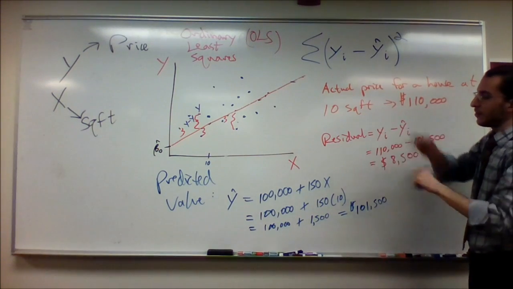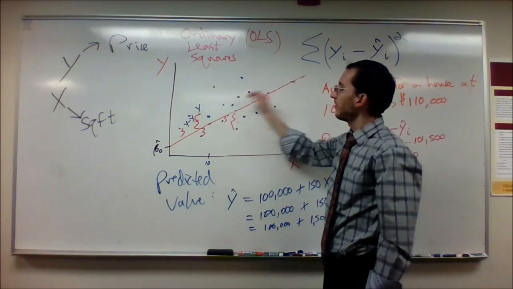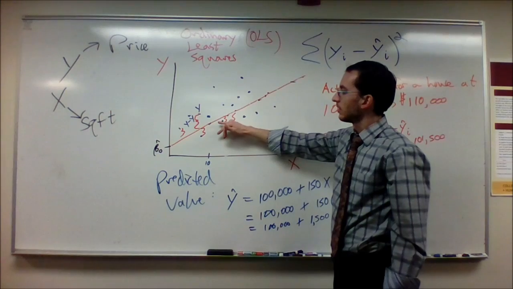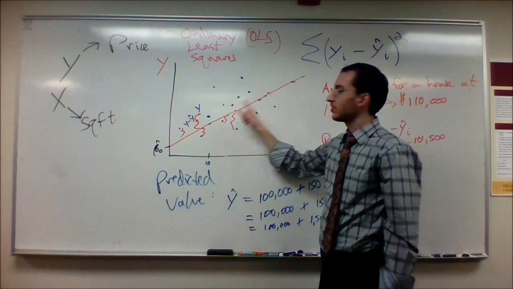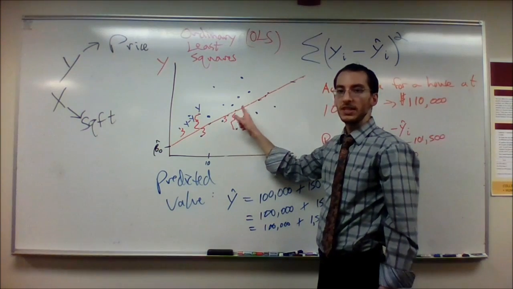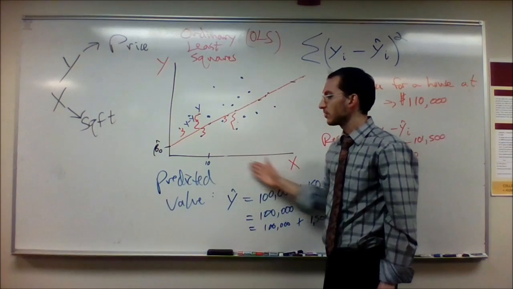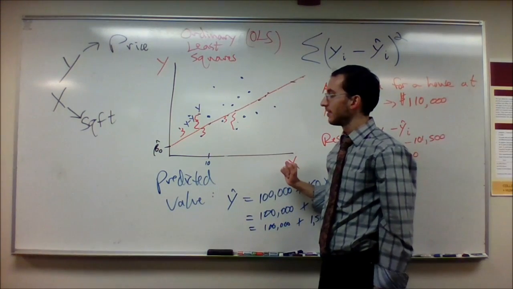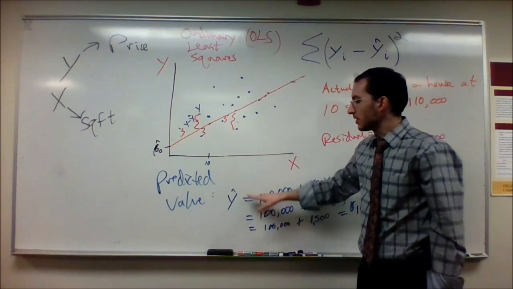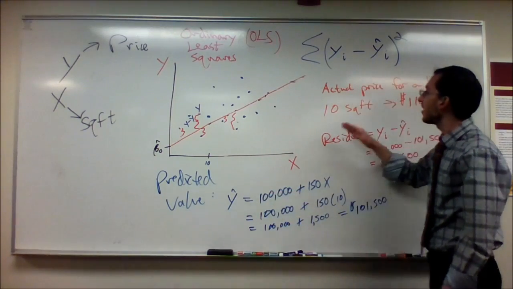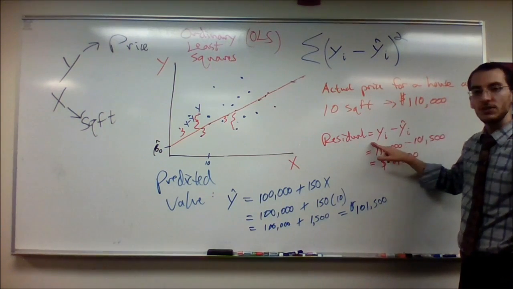So in review with all this, we have data, we fit a line to it, and then we can say, great, this line is just a series of predicted values for price given different square feet. And I can then take those predicted values and compare them to the actual values, the actual prices, and get a residual.